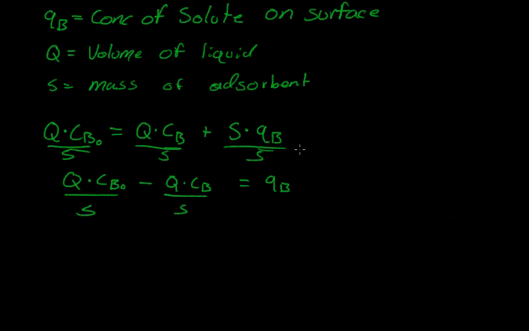This was the mass balance information. So that gives us the mass balance information, where we have Cb on the bottom and qb on the right.